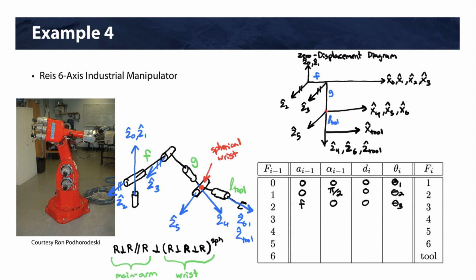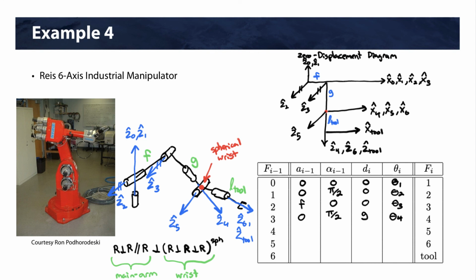All right, 3 to 4. They intersect, so we know A is 0. To go from frame 3 to frame 4, it's going to be a positive 90 degree rotation between z-axes, so that's pi over 2. There is a distance between x's, which is g. And then we have theta 4.